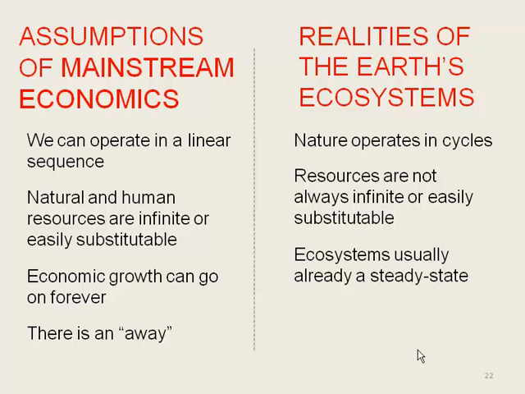Most ecosystems are typically already at a steady state, meaning that they take in what they need, they release some materials through to other parts of the landscape or the watersheds around them, but they are not necessarily continually growing. An example would be a forest. It will grow to a mature state.